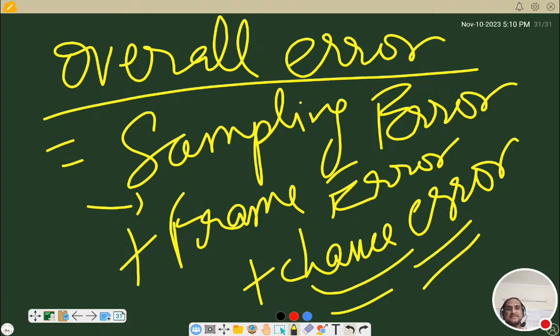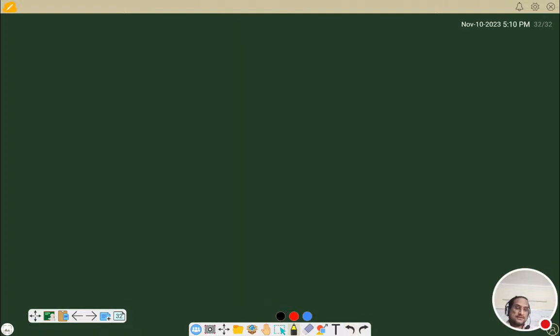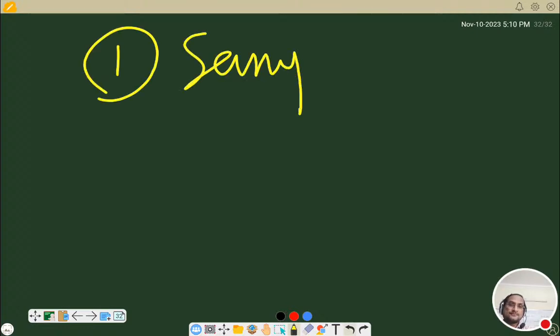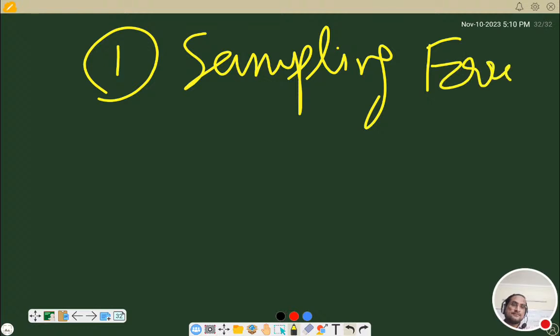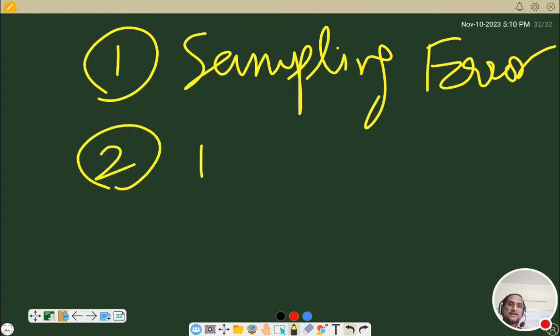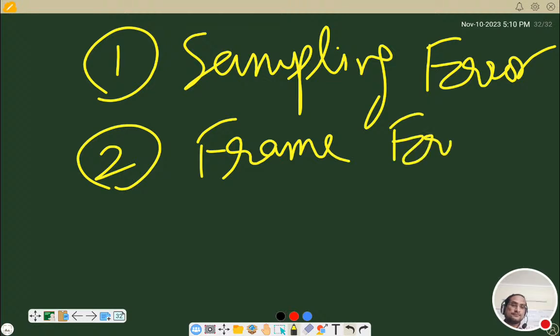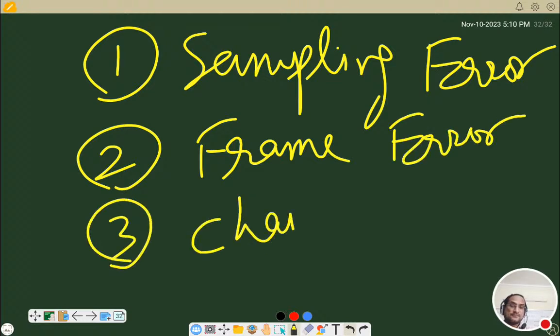Primarily, the disadvantage of sampling can be defined in three terms: sampling error, second is your frame error, and then chance error.